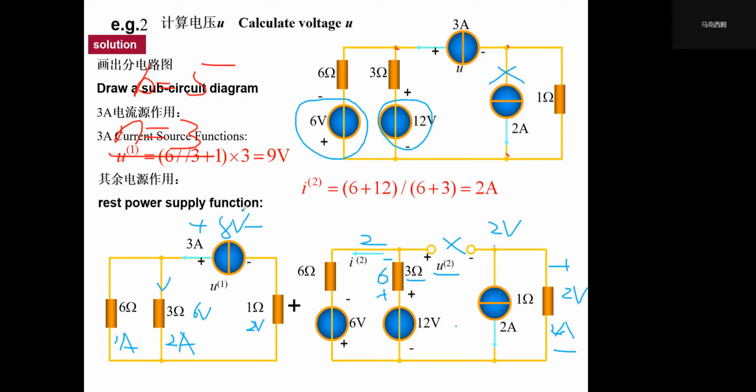Oh, I was wrong. This one is not 2 ampere. It is 3 times 3 plus 6 volts is 8 volts. I made a mistake.